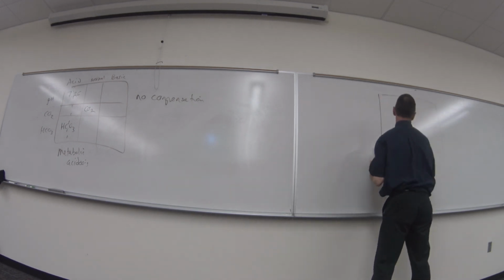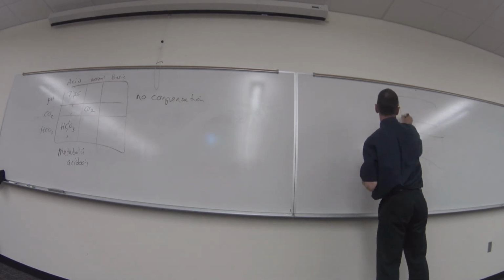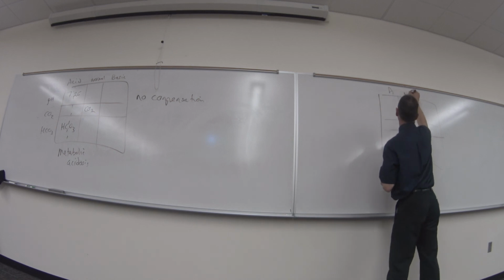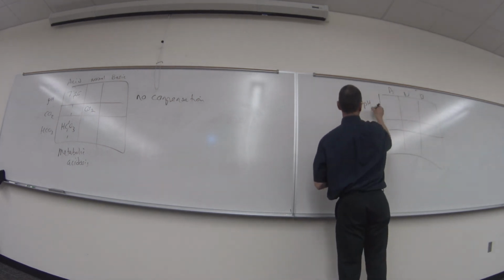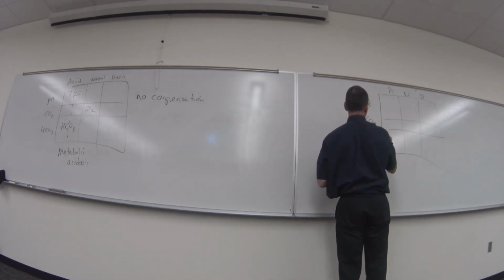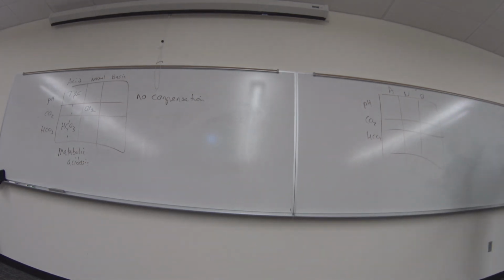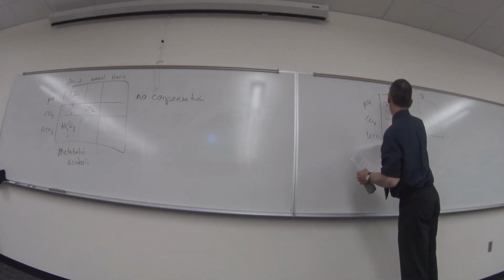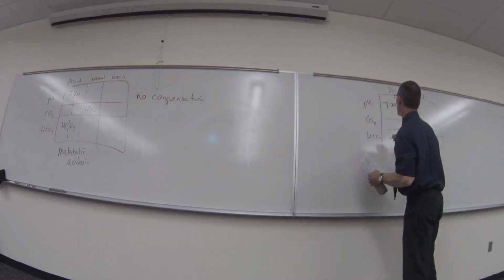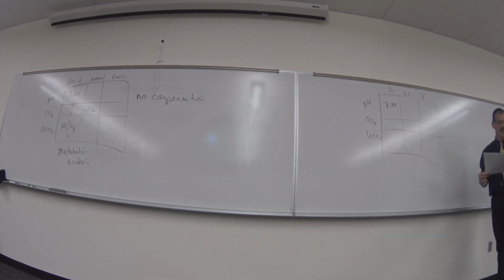Okay, make my tic-tac-toe. Acid, normal, base, pH, CO2, HCO3. Okay, what's the pH on question 3? 7.29 is acidic, very acidic. So I know the patient's acidic.